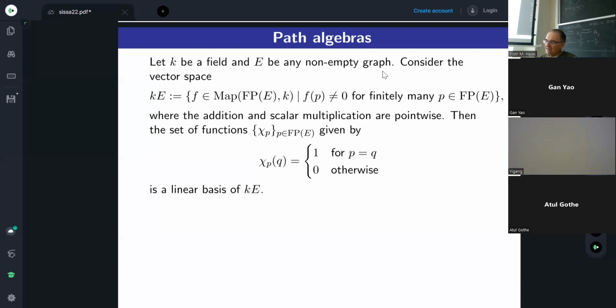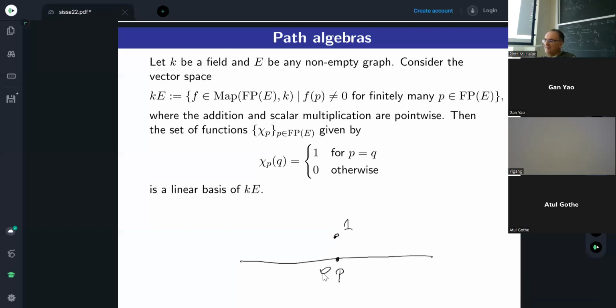That's the characteristic function, Dirac delta if you want. You have your set, but you distinguish one point p here, and the function is 1 at the point p and 0 everywhere else.